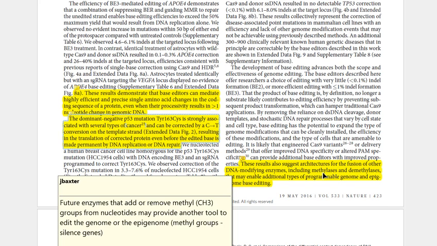Those are enzymes that can either add a methyl group, a CH3, or remove that methyl group. And they're seeing that could be another tool that could edit some of those DNA base pairs.